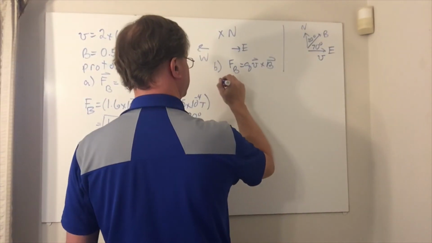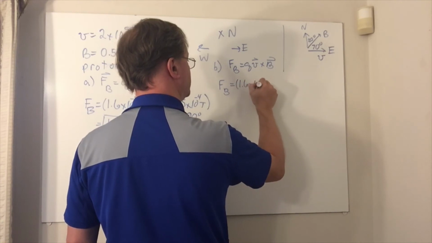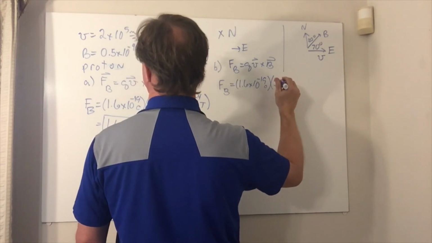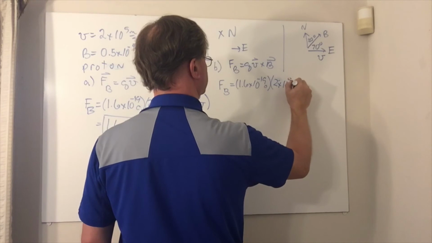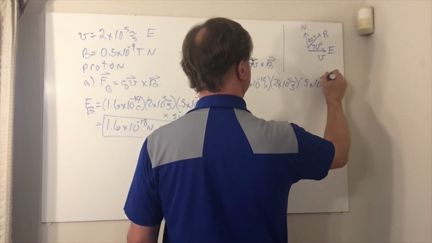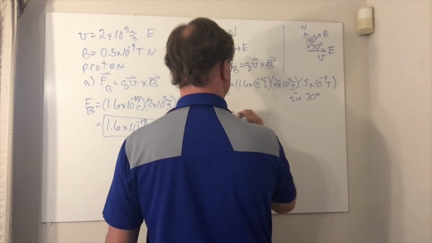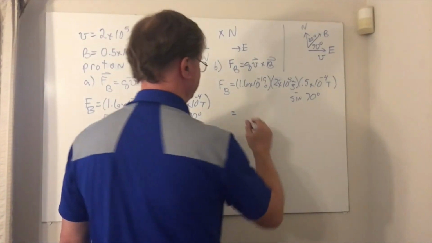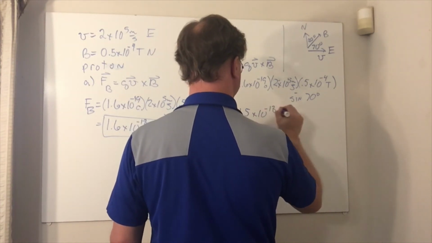So then when I plug in, F sub B equals Q, charge of a proton, 1.6 times 10 to the negative 19 coulombs. My velocity, 2 times 10 to the 5th meters per second. B, 0.5 times 10 to the negative 4th Teslas. And then sine of 70 degrees. And so that's going to give me a value of 1.5 times 10 to the negative 18th newtons.